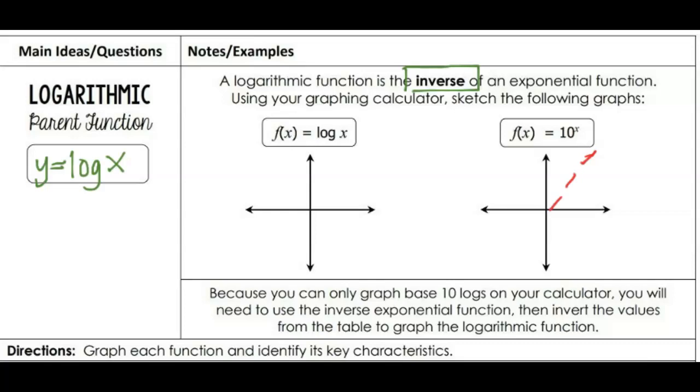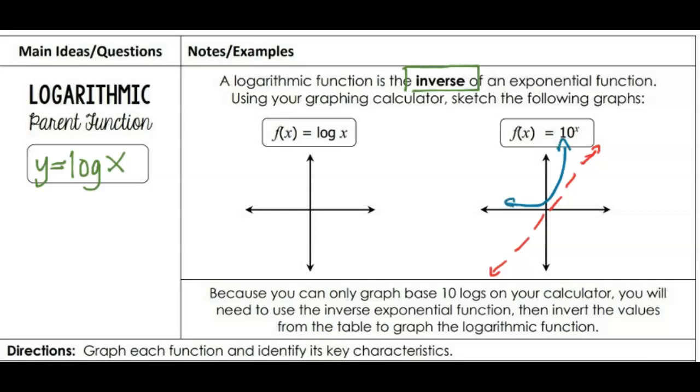If we think about the fact that it's an inverse, remember that inverse functions are really just flipped over the line y equals x. So if you think of the exponential function 10 to the x power, it's going to have a horizontal asymptote at y equals 0, and it's going to be fairly steep.